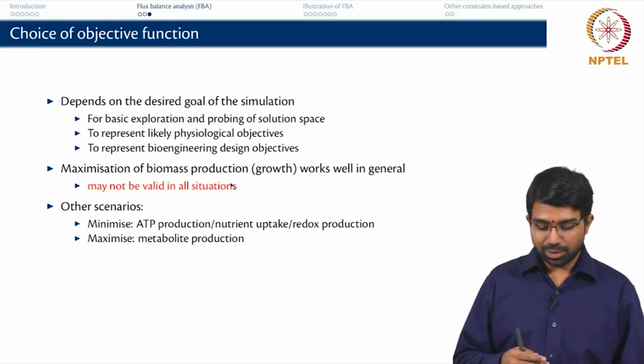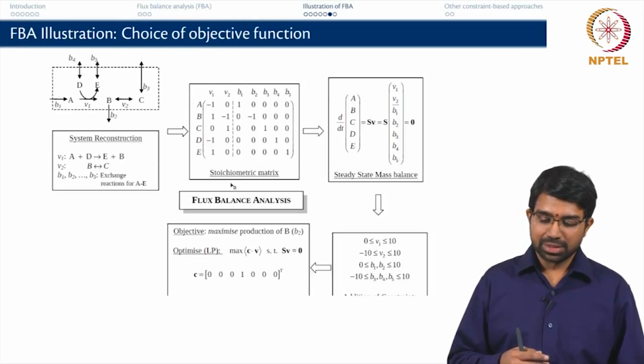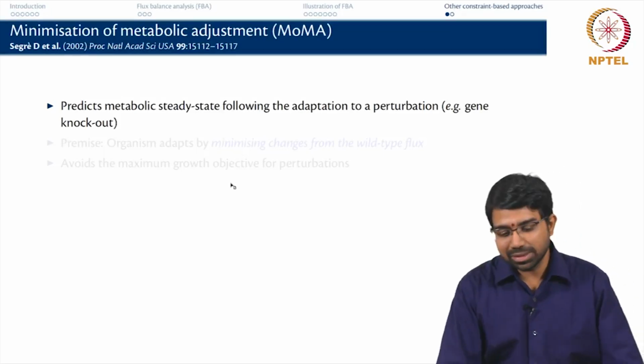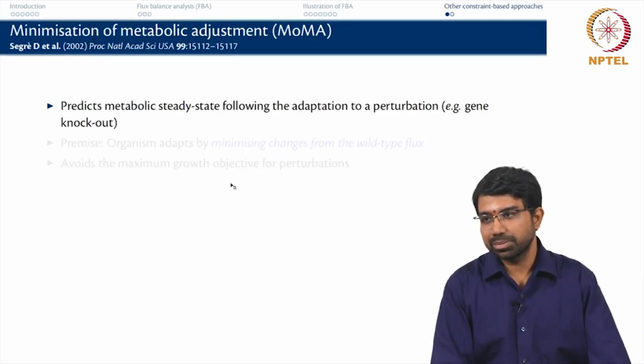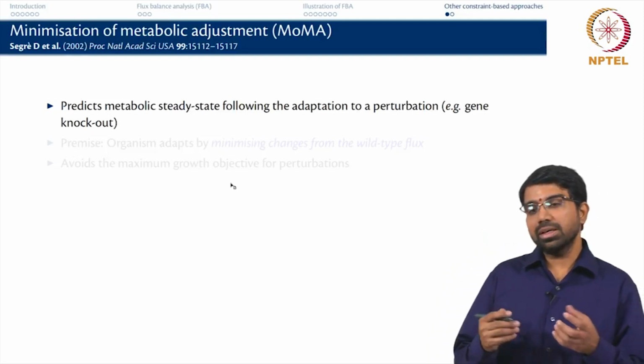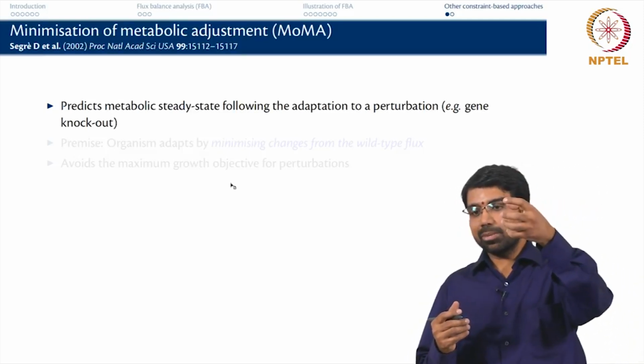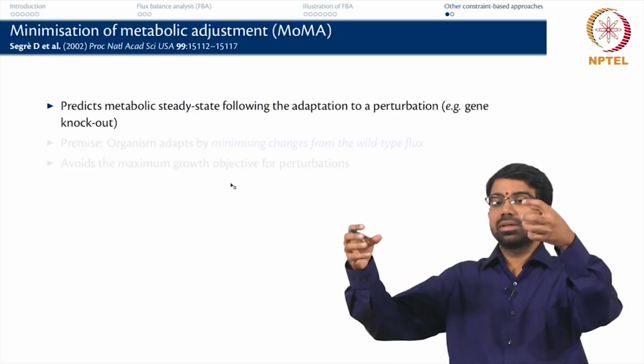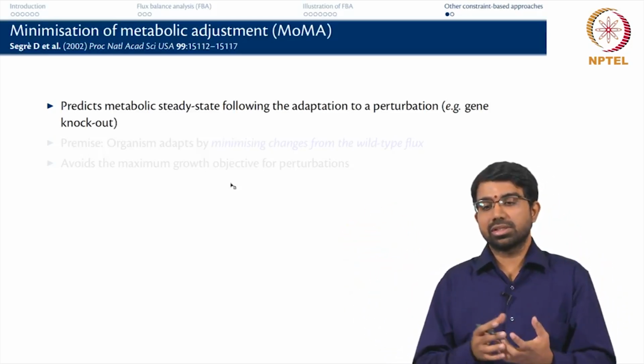So the hypothesis here is that the cell survives by minimizing its metabolic adjustment. It is at a particular metabolic state, and it moves to the nearest metabolic state that is compliant with your new constraints.